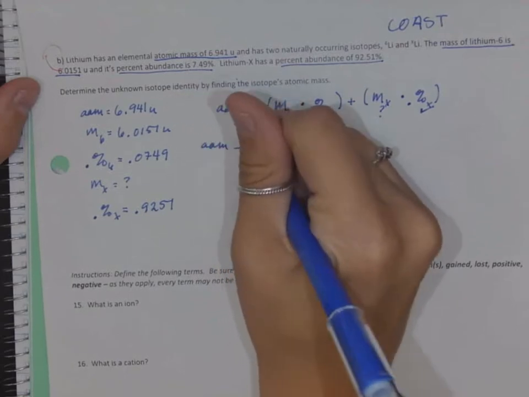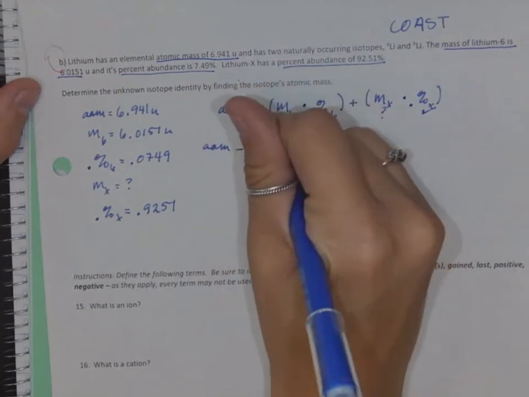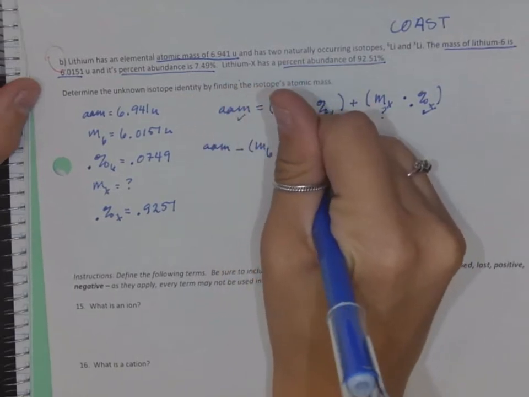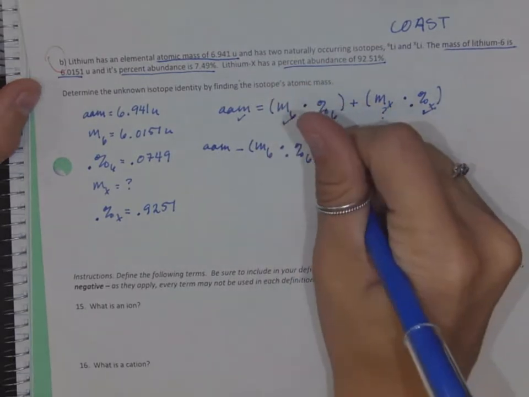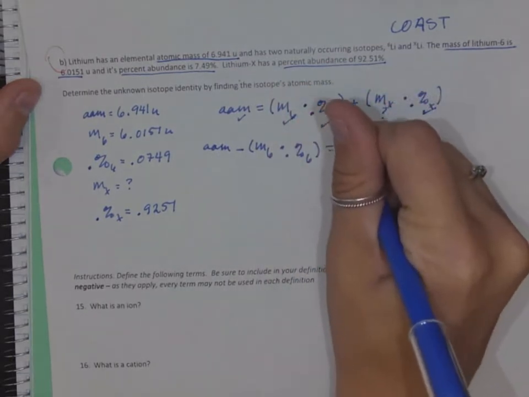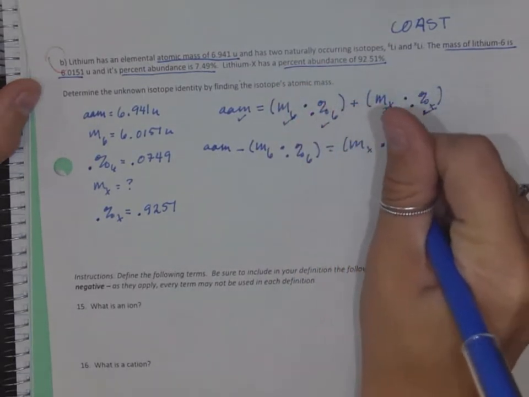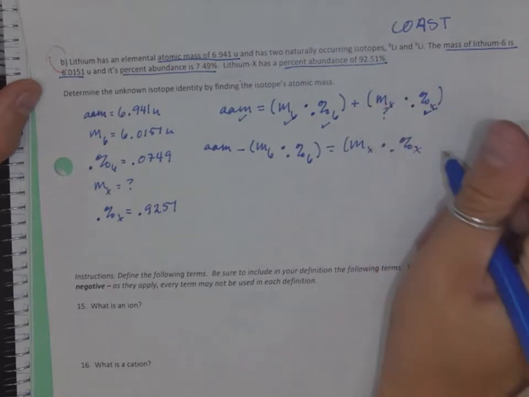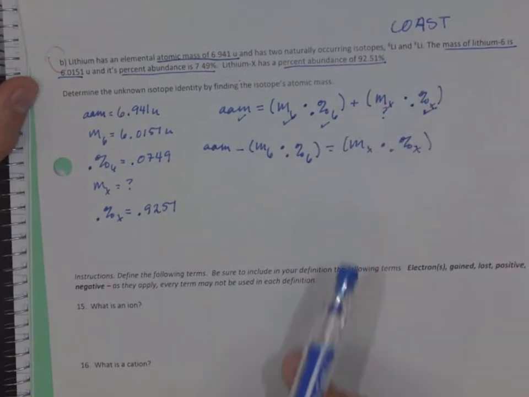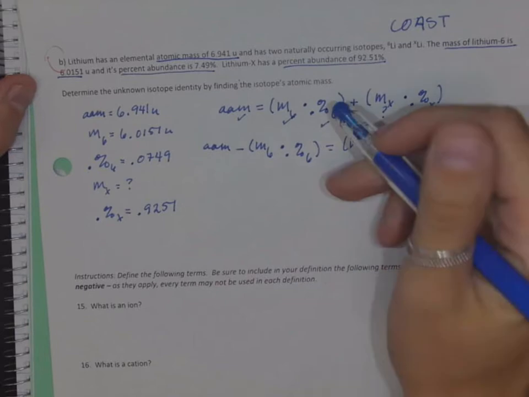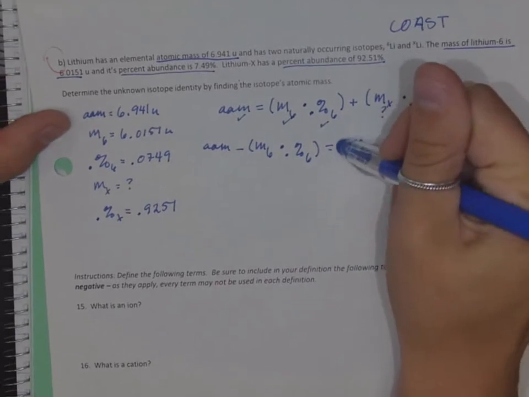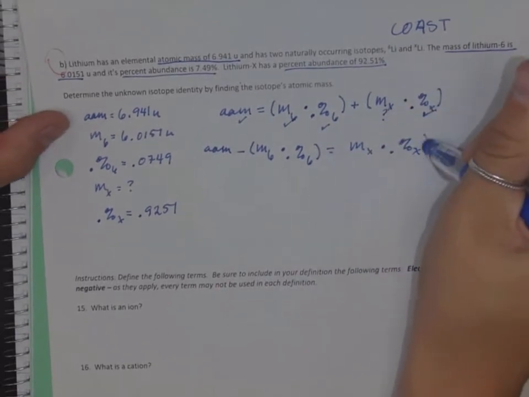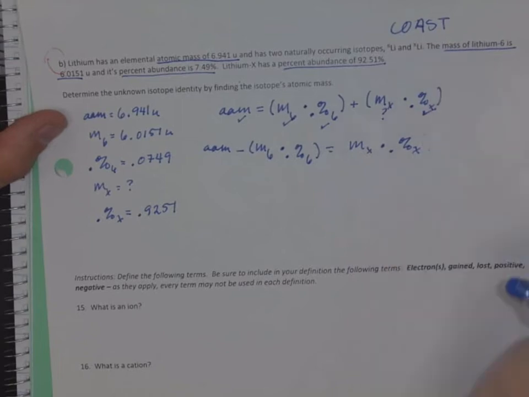So minus mass of 6 multiplied by the decimal percentage of 6. And then what we're left with is mass of the unknown times the decimal percentage of the unknown. We don't have to keep these parentheses if they're the only items over there. And that will help us to recognize that we're only one step away.